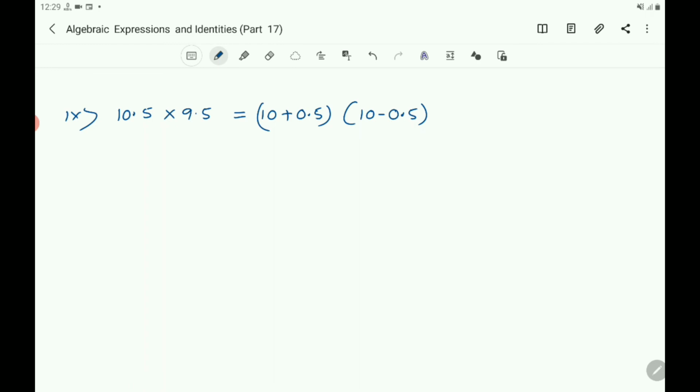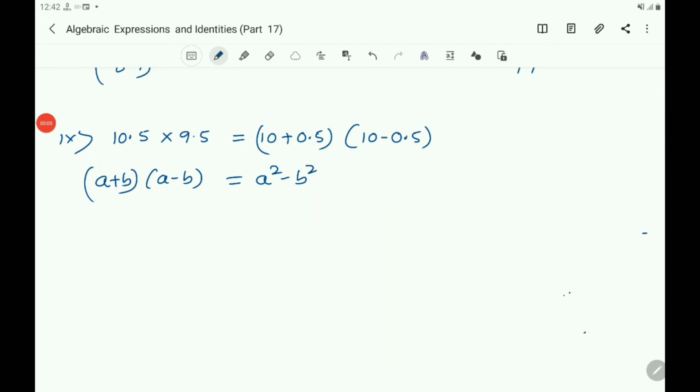Then you write the identity a plus b into a minus b equals a square minus b square. Then 10 plus 0.5 into 10 minus 0.5 equals 10 square minus 0.5 square.